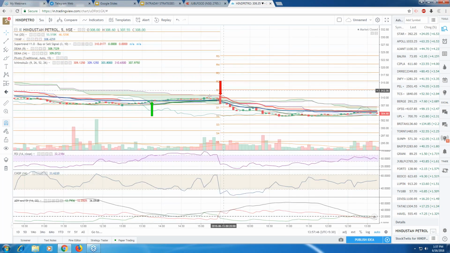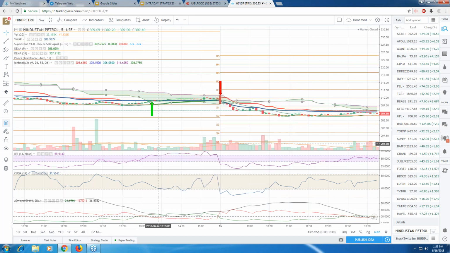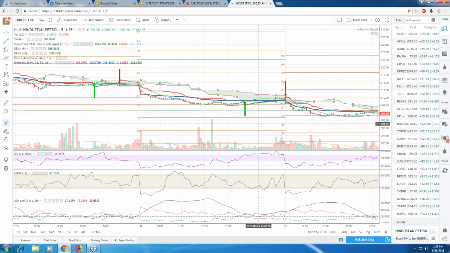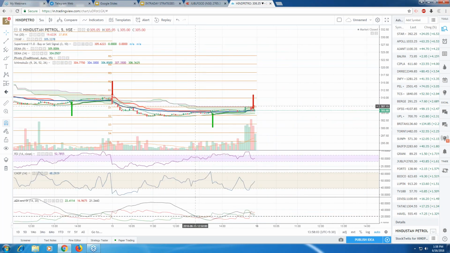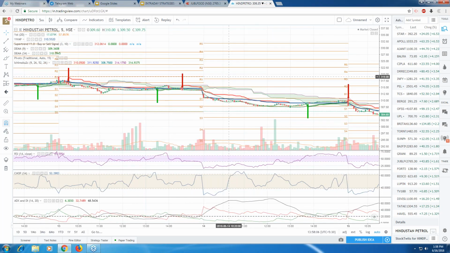Ichimoku, right? And in this Ichimoku also, I have just removed these so that the graph becomes neater, right? Now the cloud gives me an idea whether the stock is getting resistance or support. So see, this green cloud is just above, which means the stock is in the downtrend.